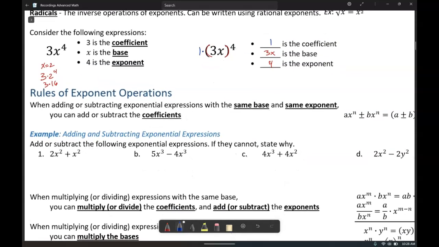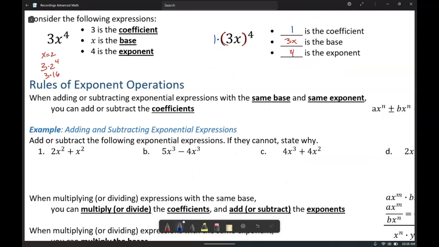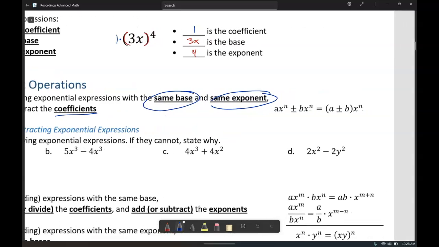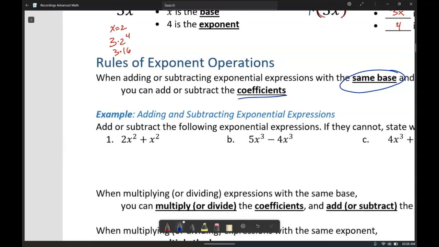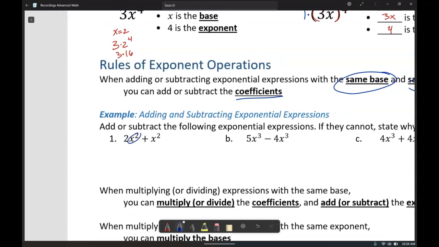Now, when we're doing exponent operations, if we're adding or subtracting, we want to check that they have the same base and exponent. If they do, then all we have to do is add the coefficients together, as shown by this formula here. So here, we check to see our base and our exponents are the same.